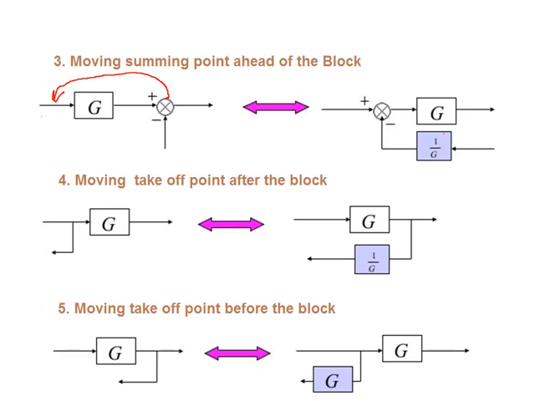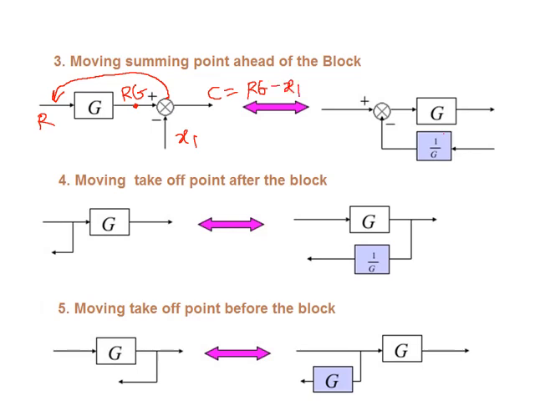Again, I will label here R, this as output, and this signal as X1. What will be the output here? The output will be RG. And what will be the output C here? C is equal to the addition of two signals: the first is RG and the second is negative, so minus X1.